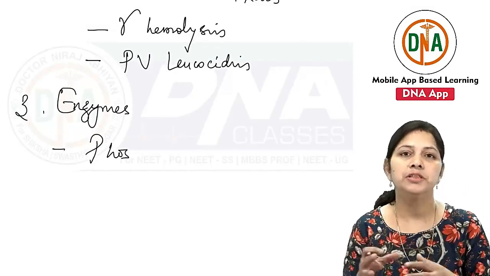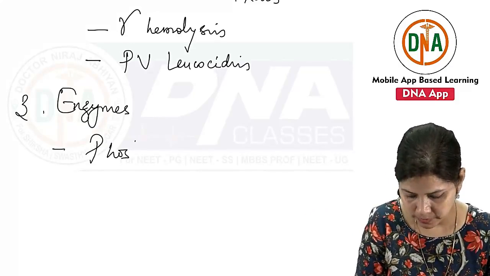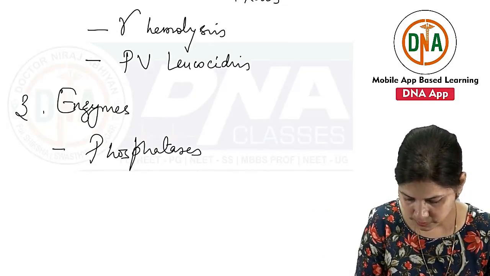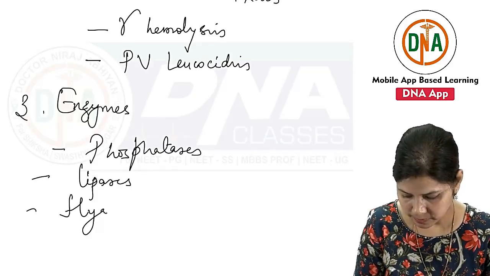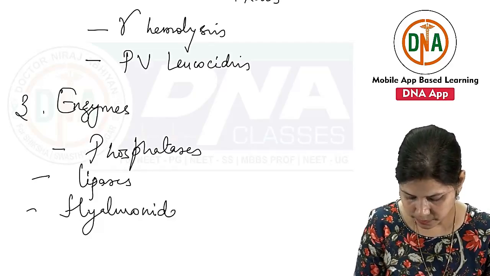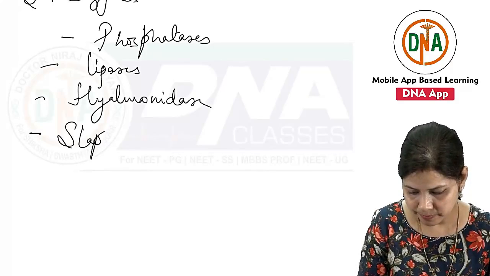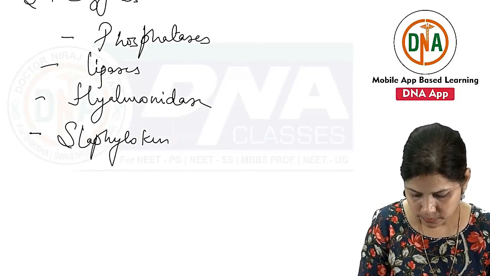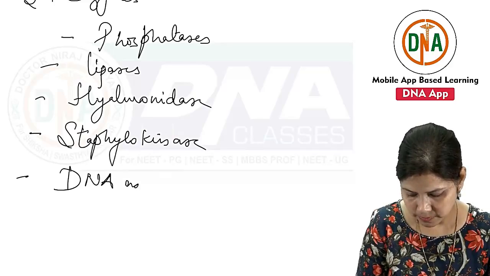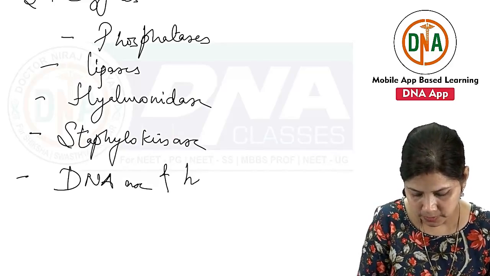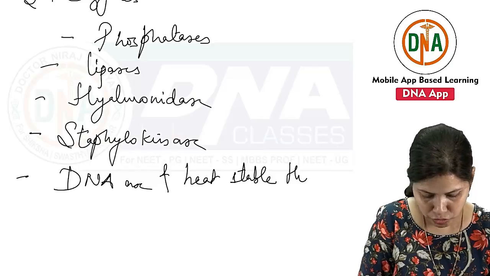These all are associated with cell destruction and invasiveness, like phosphatases, lipases, hyaluronidase, staphylokinase, DNases, and heat-stable thermonucleases.